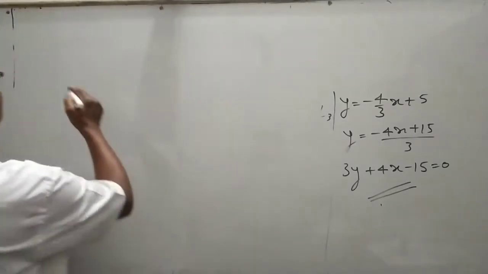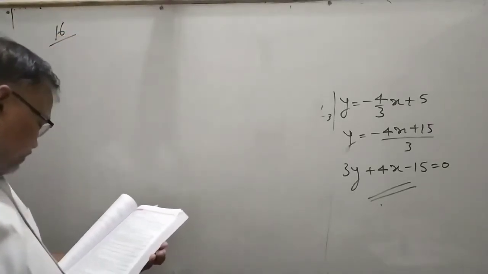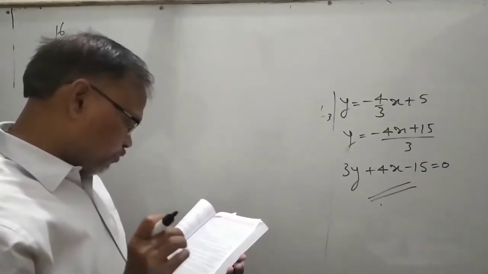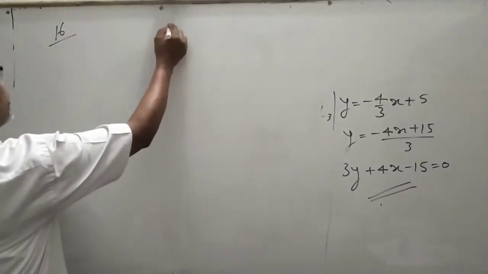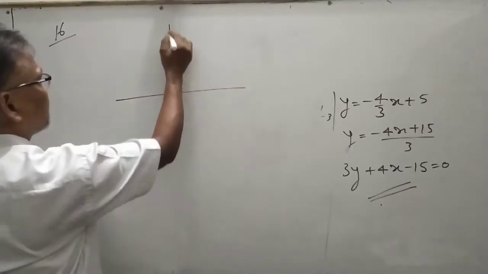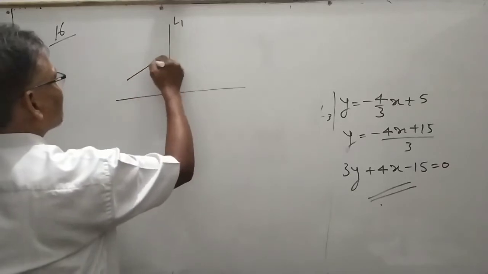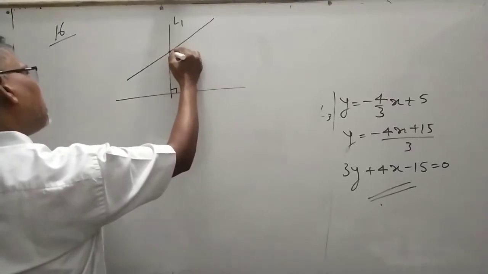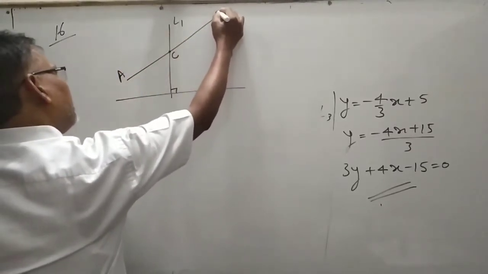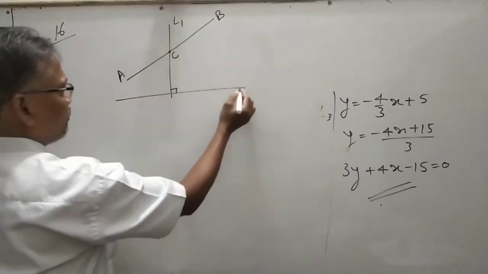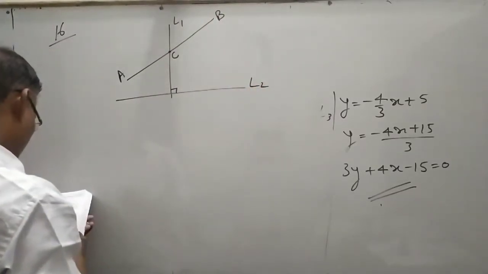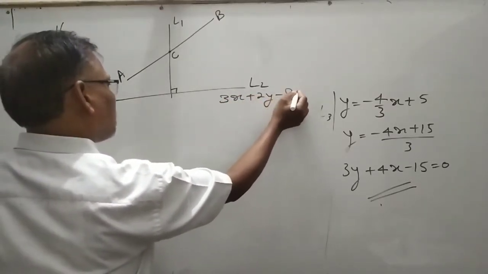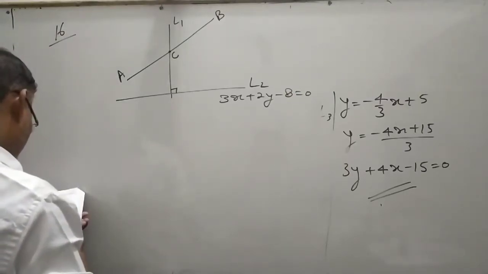The other question, like question number 16: find the equation of the line that is perpendicular to this and passes through the midpoint of the line segment. Well, you have to find the equation of line L1, which passes through the midpoint of AB, meaning the line joining these points, and is perpendicular to line L2: 3x plus 2y minus 8 is equal to 0.